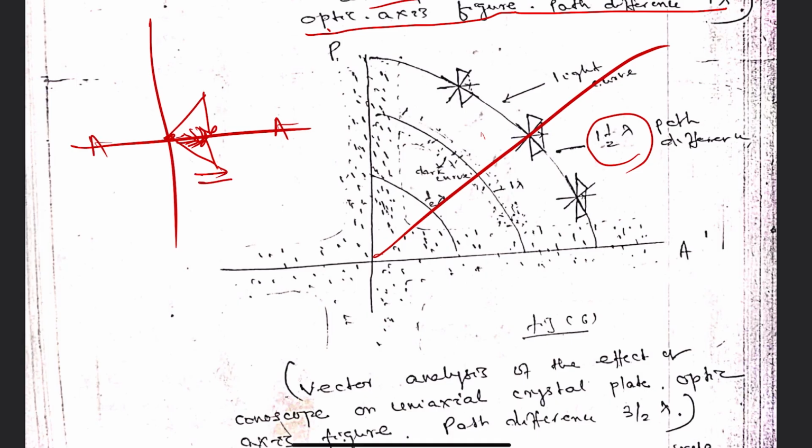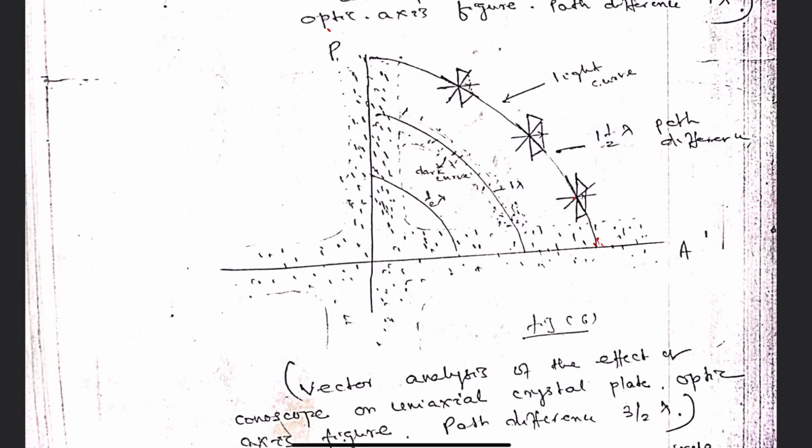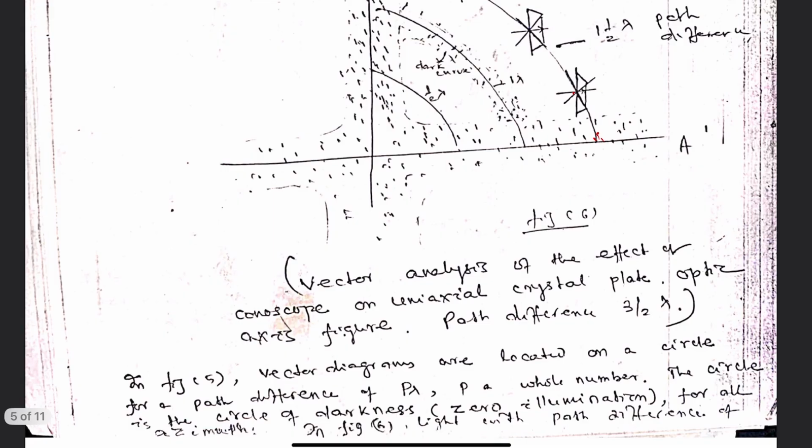So the strength of the amplitude will be maximum in 45 position, here it will be less, it will become less and less, finally it will become 0 here. So therefore the maximum brightness position is in the 45 degree position. This is vector analysis of effect of conoscope on uniaxial crystal plate optic axis figure. The path difference is 3/2 lambda.